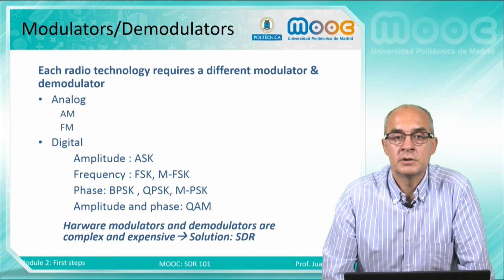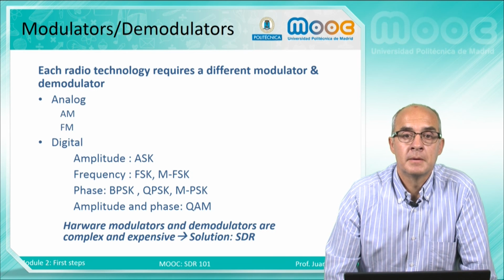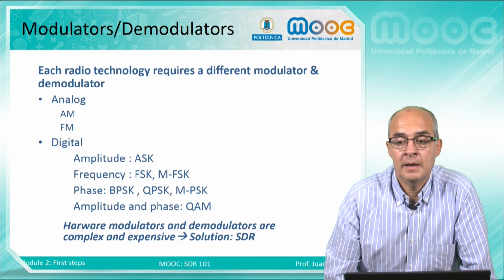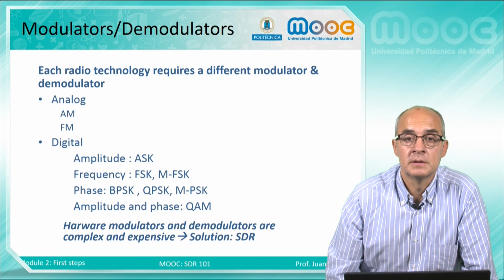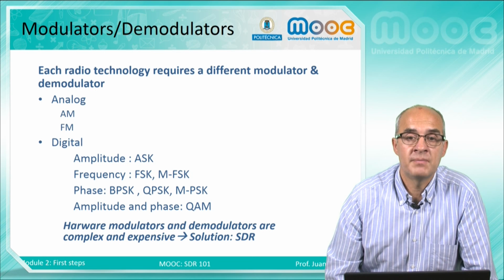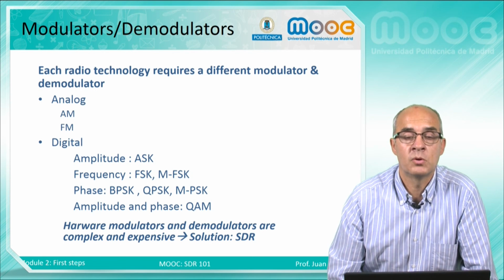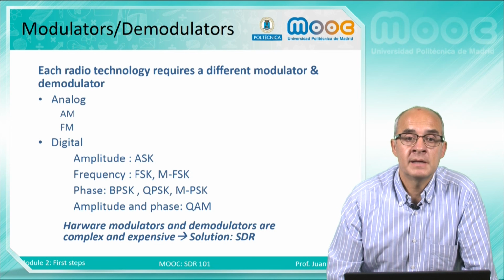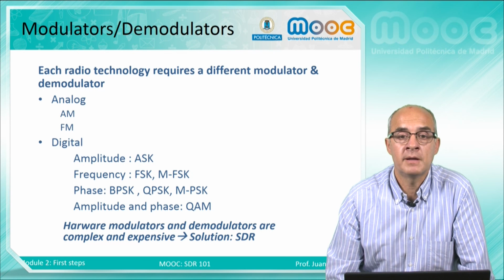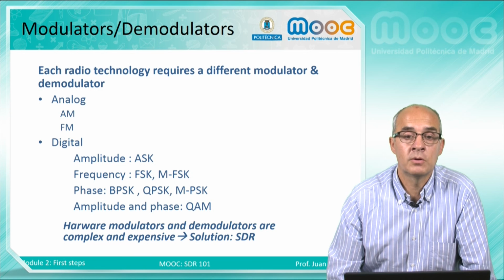Modulation and demodulation. This is the most important part for the software-defined radio. Really, the software-defined radio is developed to handle different types of modulation without using different types of modulators and demodulators. In the past, if we had analog or digital modulation, we needed a different modulator or demodulator for each technology.